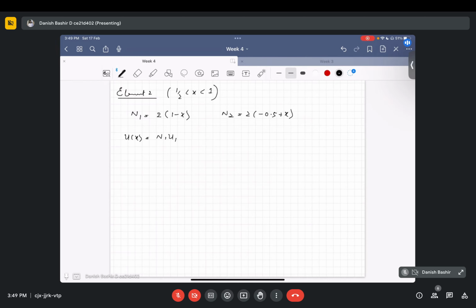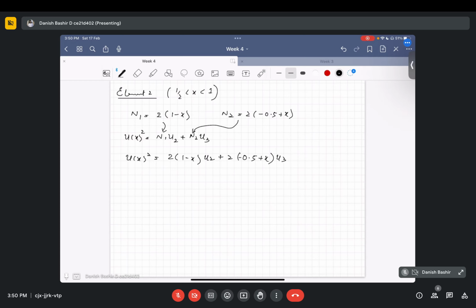N1 u1 for element 2, so its u1 will be u2, plus N2 times the last nodal value u3. U of x for element 2 comes out to be twice (1 minus x), put this value here, times u2, plus twice (minus 0.5 plus x) times u3.